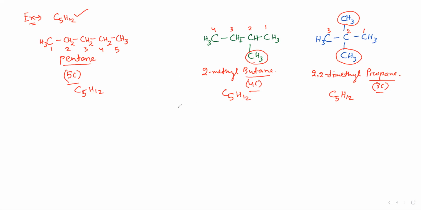So all these three are which compounds? Pentane, 2-methyl butane, 2,2-dimethyl propane. All these three are called chain isomers. Chain isomers, yes or no? This much you have about your chain isomerism.